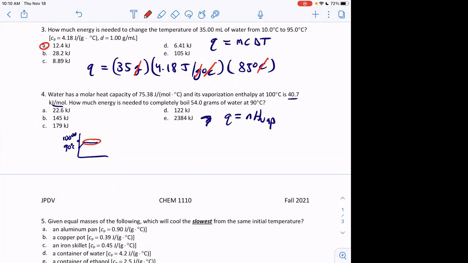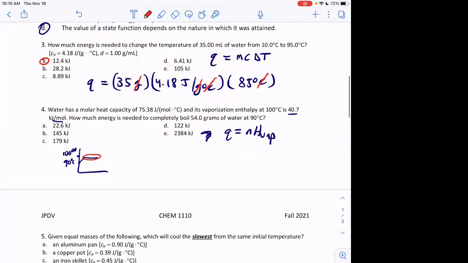You also have to figure out how much energy it takes to go from 90 to 100, right? And that's kind of what we just did. That's this problem right here, just raising the temperature. So you've got to raise the temperature first, and we've got to add those two together.